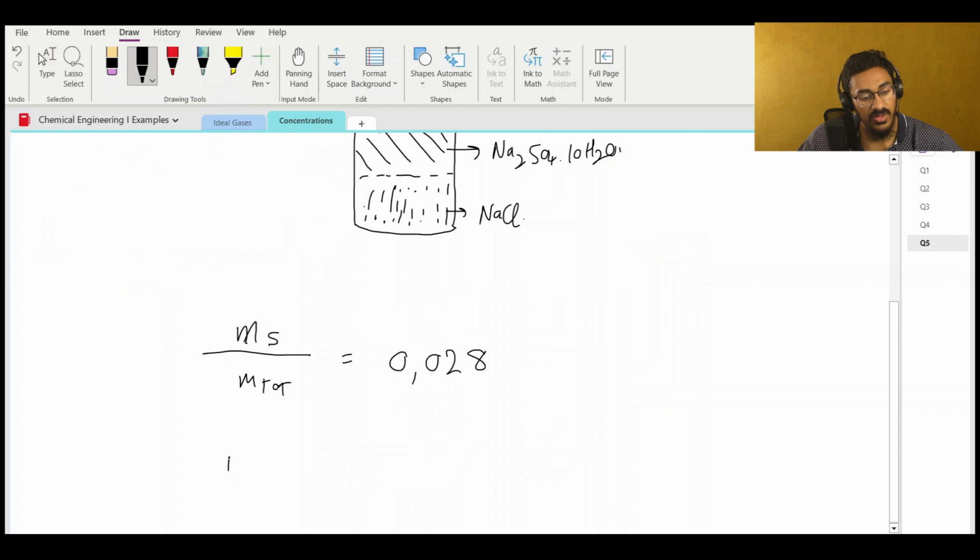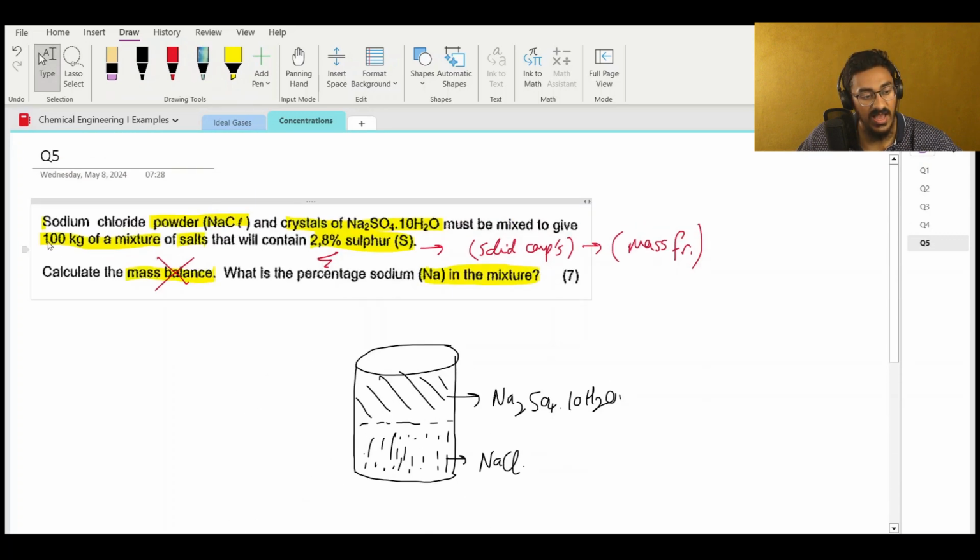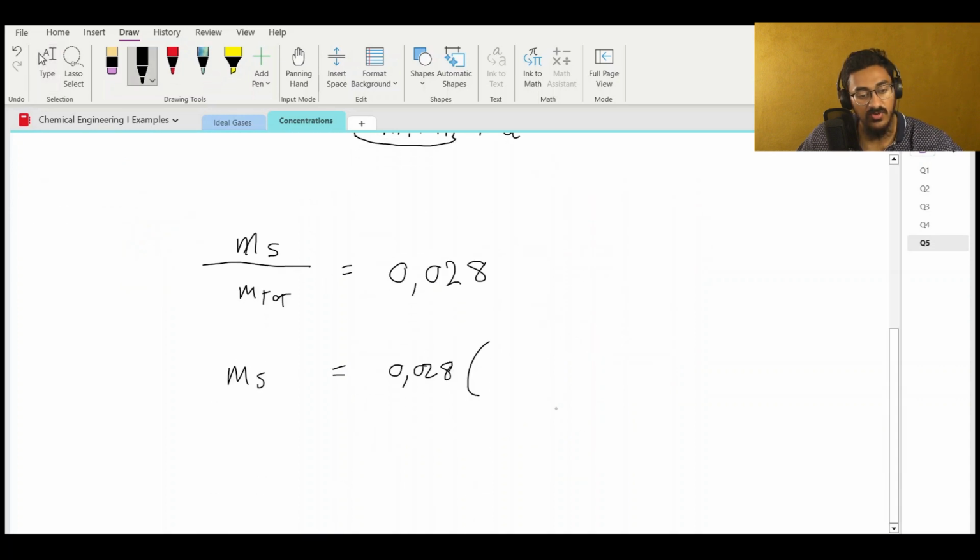And so therefore, the mass of sulfur must equal 0.028 multiplied by the total mass of the salt mixture, and the total mass of the salt mixture is 100 kilograms. So it's 0.028 times 100 kilograms, and so the mass of sulfur should equal 2.8 kilograms.